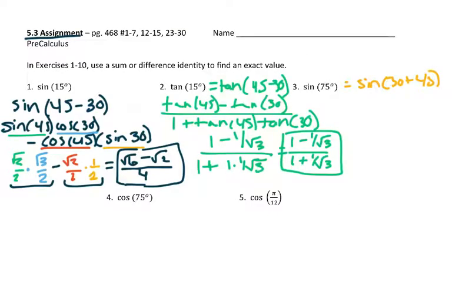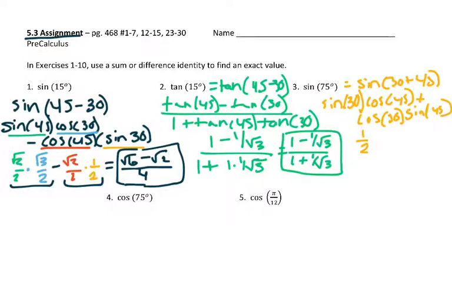So the first one I said is 30. So sine of 30 times cosine of 45 plus cosine of 30 times sine of 45. Alright, so sine of 30, we've already done it over here, is a half.